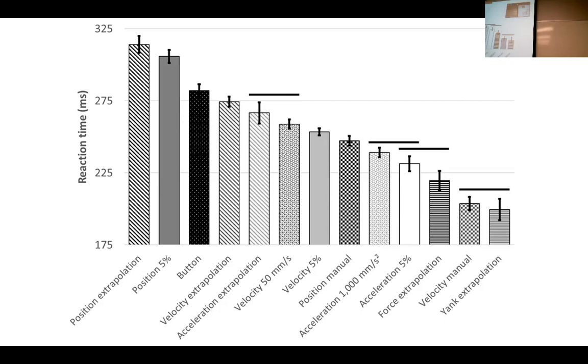Some of this would be reaction time, and then all of this is movement time being added on. So you can see that's a huge overestimation. Down here at the best end, we've got yank extrapolation and manual velocity, so either kinetics or kinematics, and there is more than 100 milliseconds difference between the best and the worst. So it makes a difference.